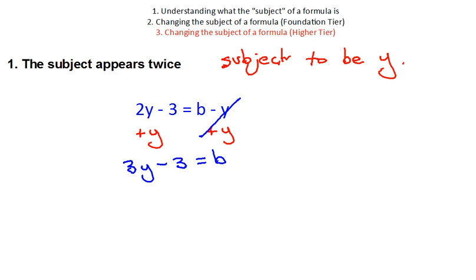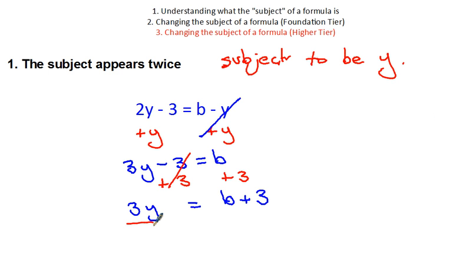Now we're just back to how we had it in the beginning of the video. So now, like I said, always get rid of the floating bit first. We're going to add 3 to both sides. These will cancel. So I'm left with 3y is equal to b plus 3. And now, wanting y on its own, this 3 and the y are being multiplied, so the inverse operation will be to divide.